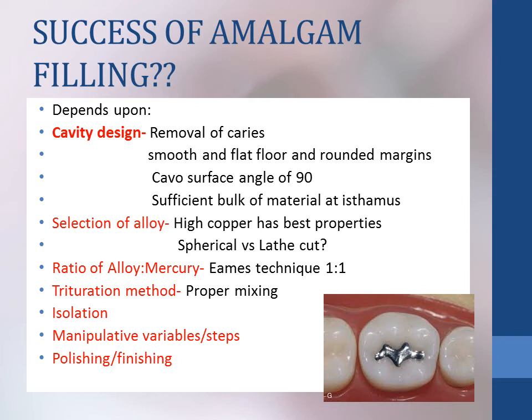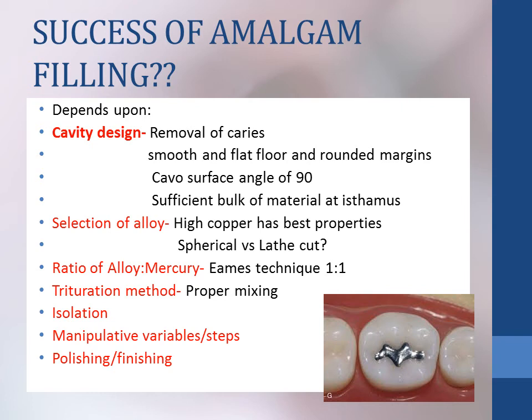Selection of alloy, again, high copper has the best properties. However, will you use spherical or will you use lathe cut? Will you use admix or will you use single composition? The ratio of alloy to mercury, Eames technique 1 to 1 is the best technique. So you should keep that in mind. Trituration method, whether it's manual or mechanical, but proper mixing should be there. Isolation or moisture control, again very important. Why?